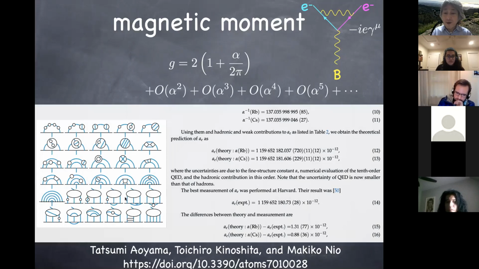But having done these computations, you get a very precise prediction on the g factor of the electron with an accuracy of 12 significant digits. And there is uncertainty in the theoretical prediction, and that's because we don't know the fine structure constant that well, which relies on experimental measurements. So if there were no experimental errors on the measurement of alpha, then you would have the theoretical prediction on the g factor with 12 significant digits.